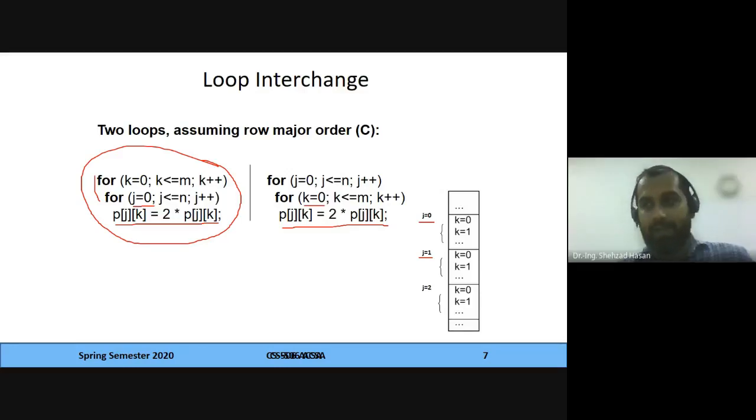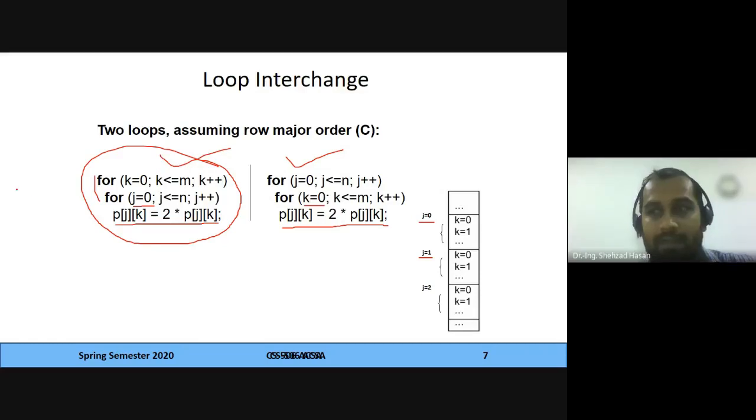Okay, that's right. If you're talking about having these two elements, it doesn't matter if you write the loop in this order or in this order. Both of them are going to perform in the same way.